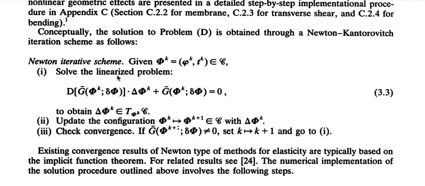So basically we are going to employ a Newton scheme to solve this problem. We can consider a shell configuration phi k, and in that we are going to linearize. When we apply the variation, we are saying that we want to solve for that configuration which gives its first variation as 0.